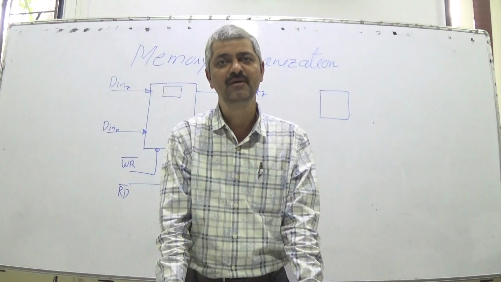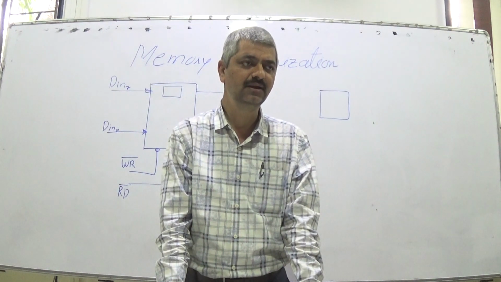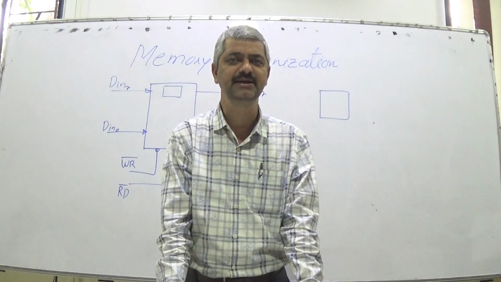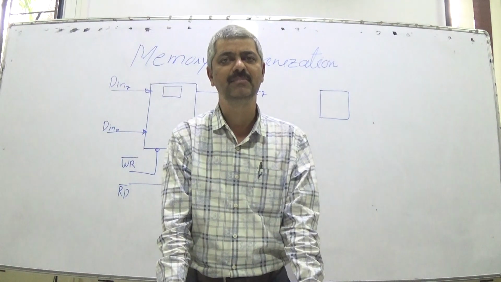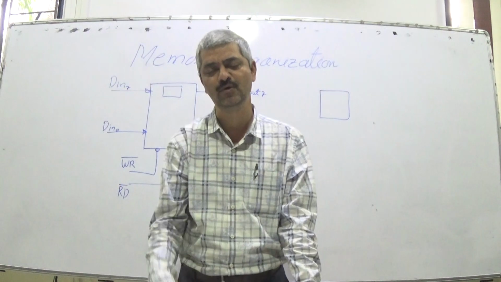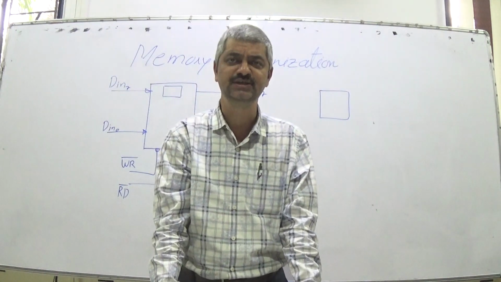Then how many bytes? After 1, 2 bytes, 3 bytes, 4 bytes, 8 bytes. Normally it is a power of 2, why we will come to know later, 16 bytes, 32 bytes and so on.